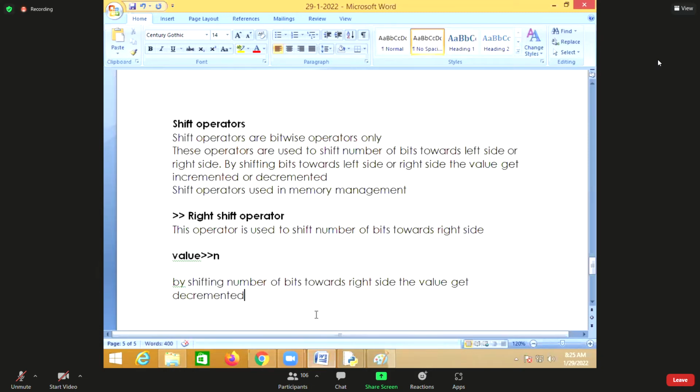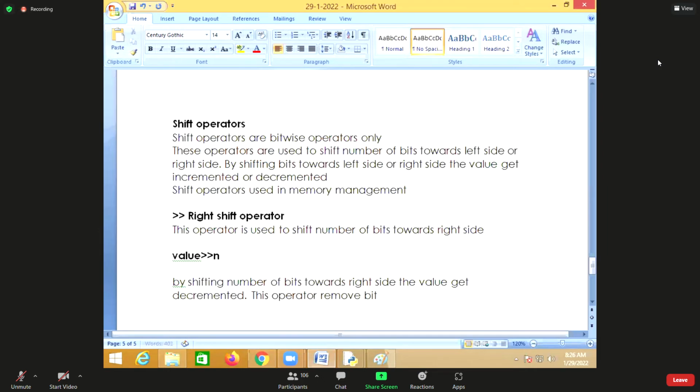Because when you shift the bits towards the right side, whatever bits you shifted get deleted.